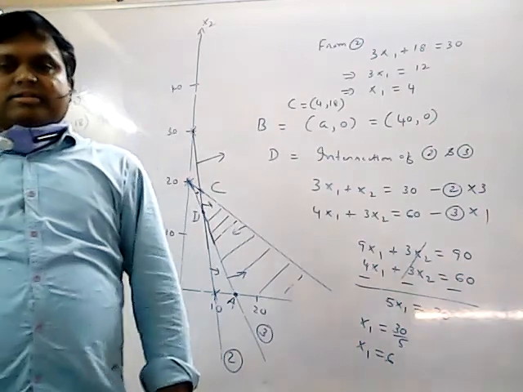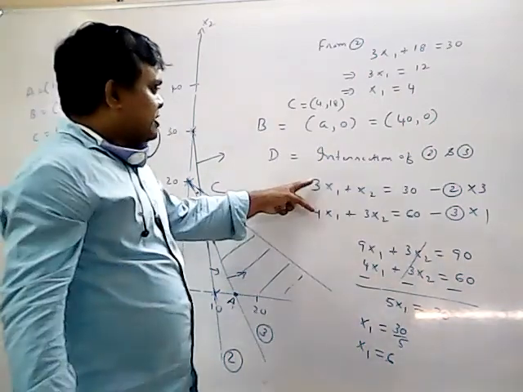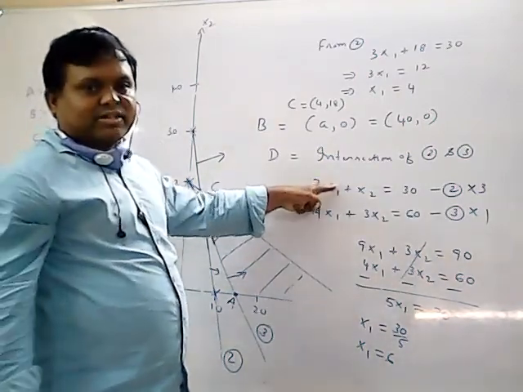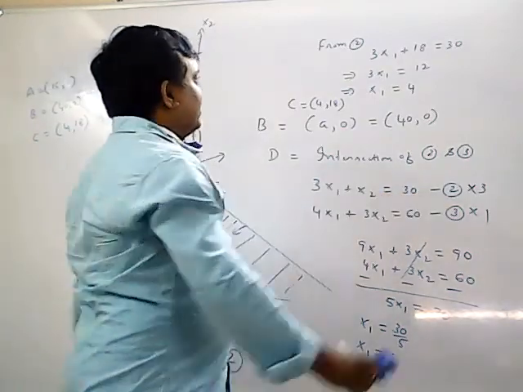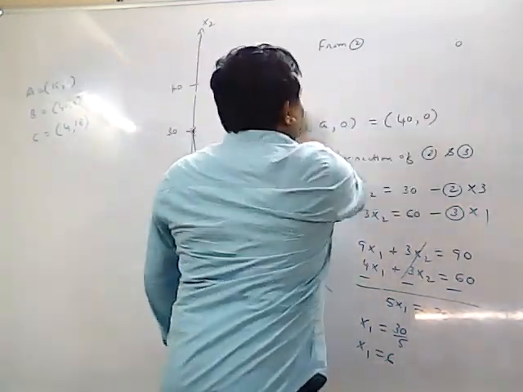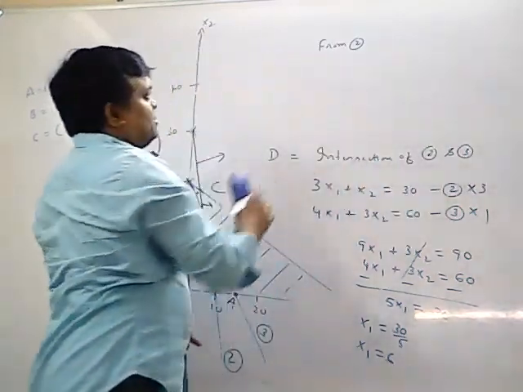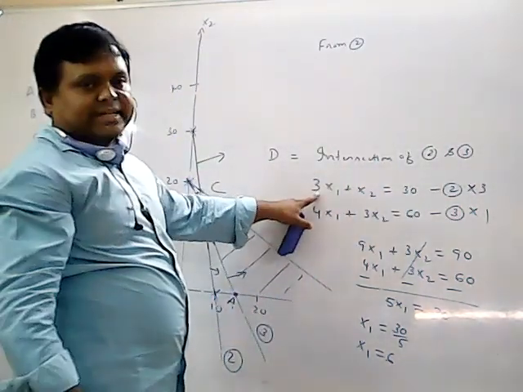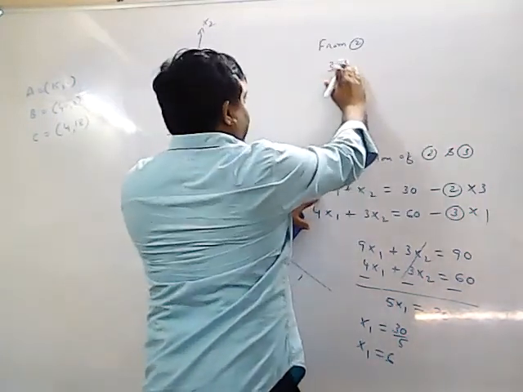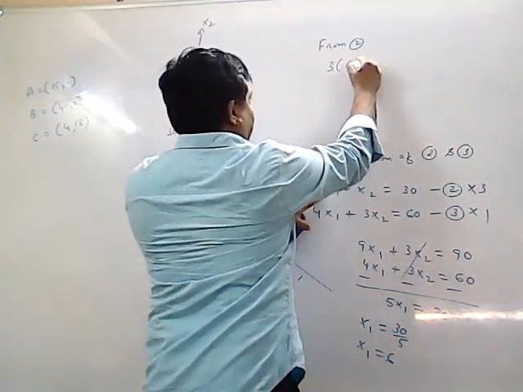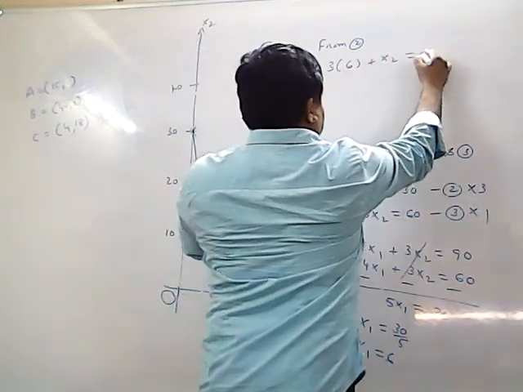Now I know x1, I can substitute in either the second equation or the third equation. I will substitute in the second equation: 3 into x1, which is 6, plus x2 equal to 30.